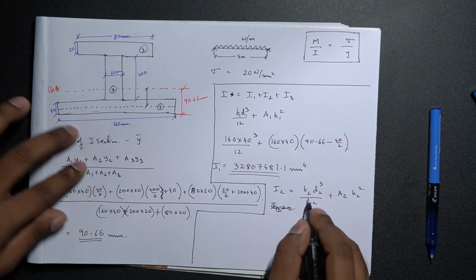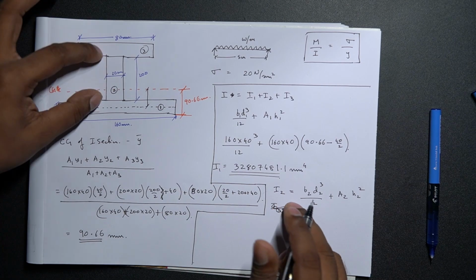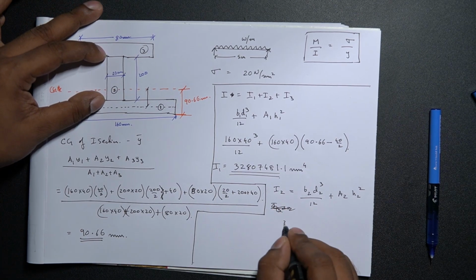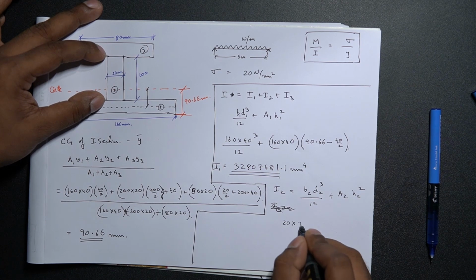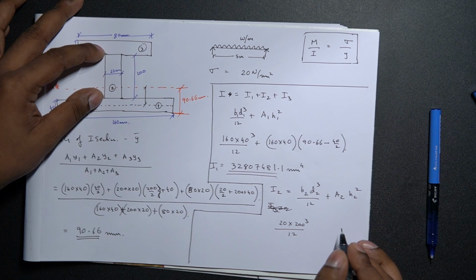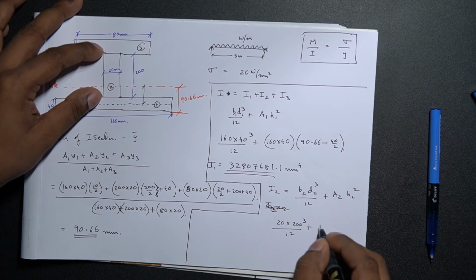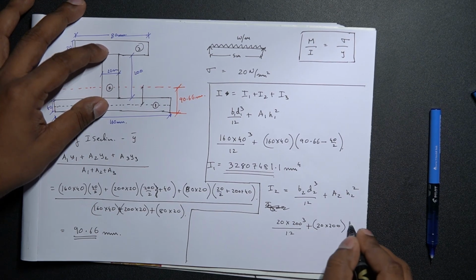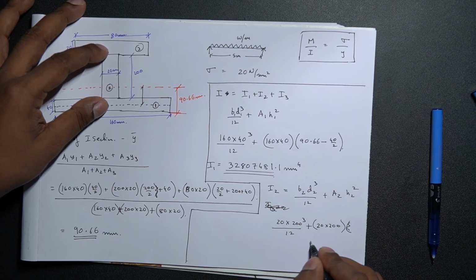Again, for section 2, the width is 20, the depth is 200 by 12, plus A2, that is again 20 into 200, into H2.